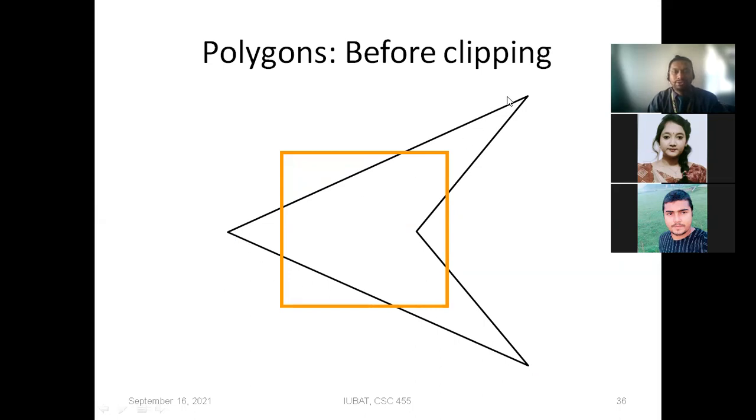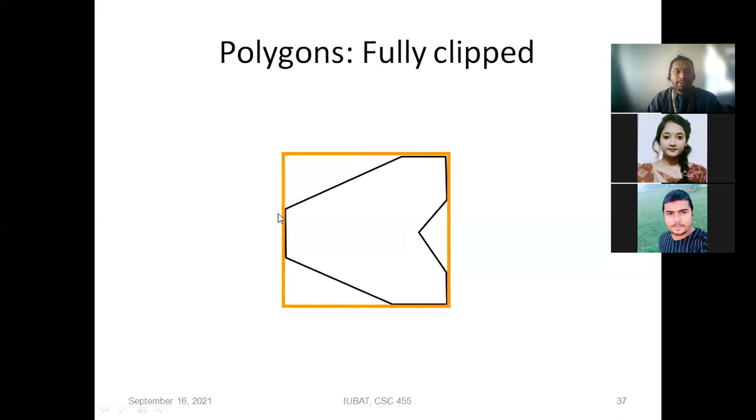Earlier we had 1, 2, 3, and 4 points that create the polygon. Now after cropping, many other points have been added, like 1, 2, 3, 4, 5, 6, 7, 8, 9. 9 points are generated altogether now.